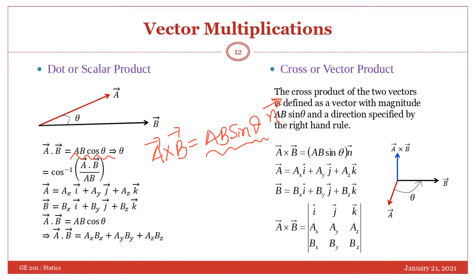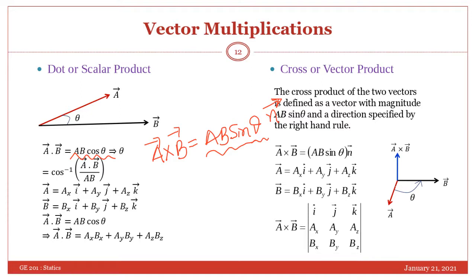If these are your fingers, you turn these 4 fingers towards B. So here in this figure, you see, you turn your fingers from A to B. Then this thumb is going to represent the direction of vector A cross vector B. So you are turning the fingers from A to B, and the thumb is directing towards vector A cross vector B.